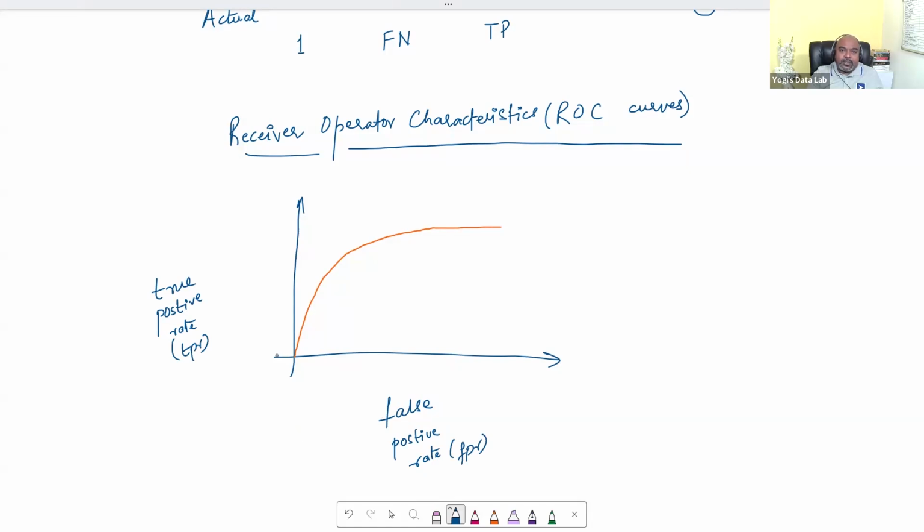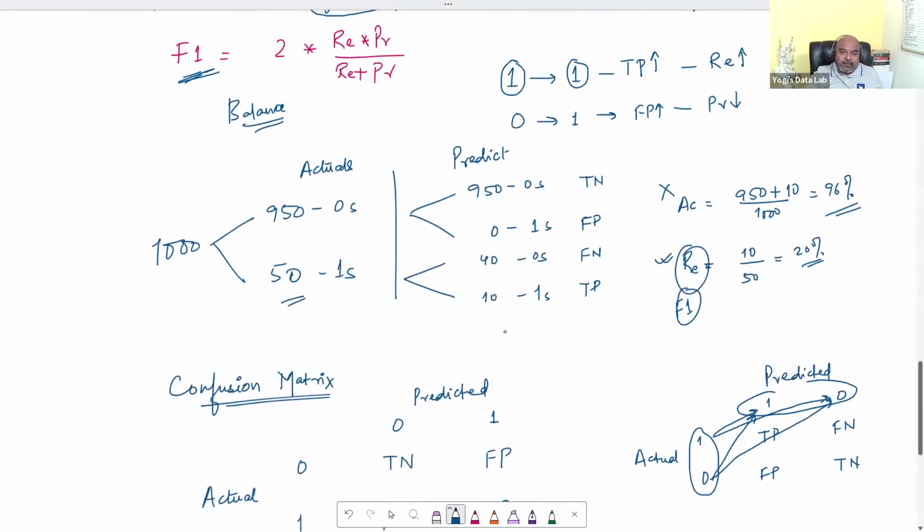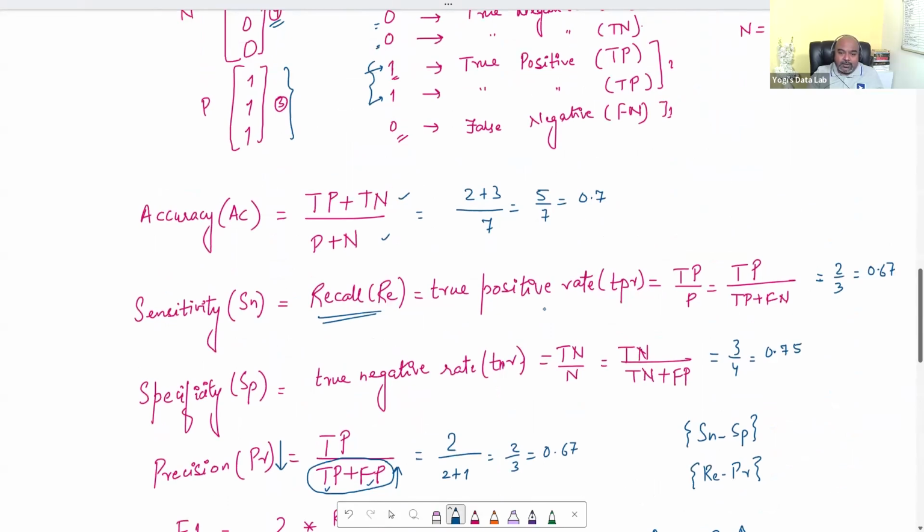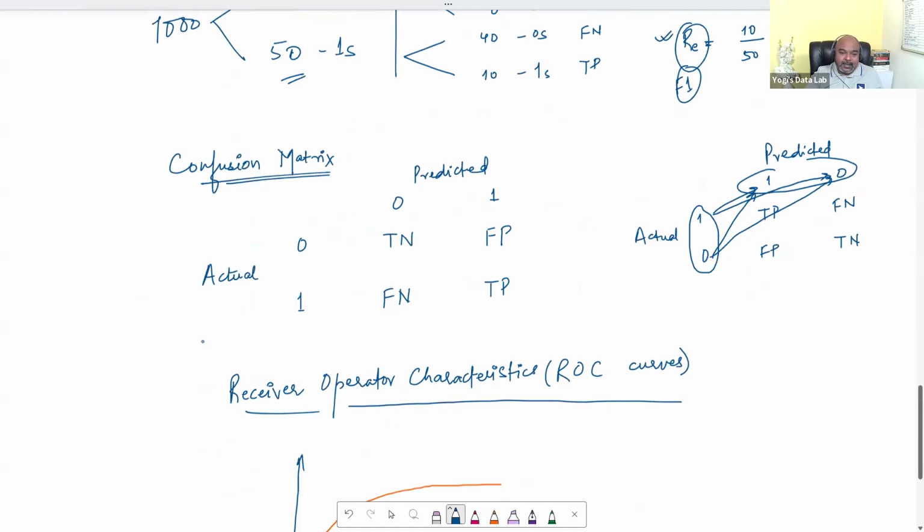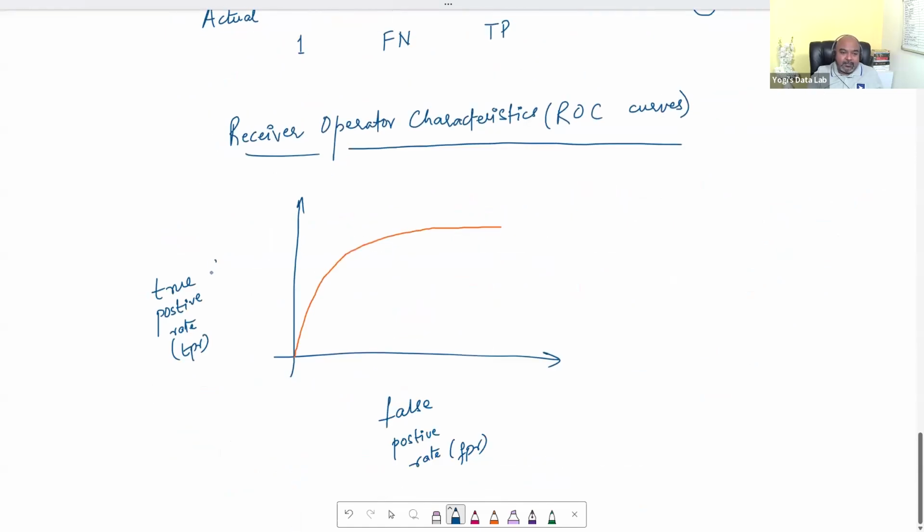Now, what is true positive rate? If you go back in the set of formulae that we discussed, true positive rate is nothing but the sensitivity. So I can say that my y-axis is nothing but sensitivity, and x-axis will become 1 minus specificity.